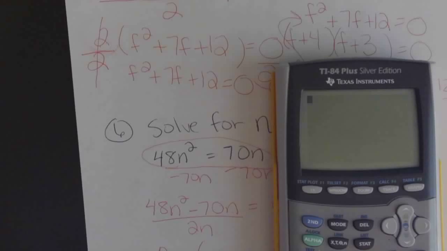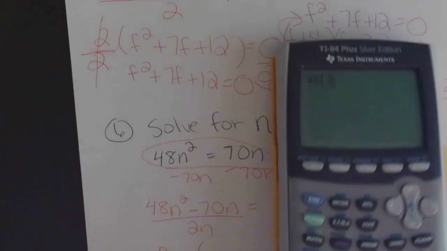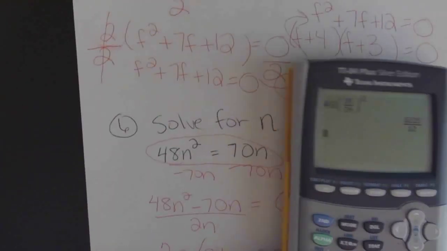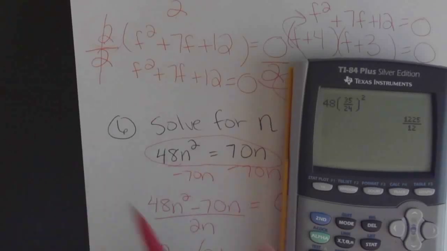If I go back to the original black problem here, let me type in 35 over 24 where these n's are. So the left side would be 48 times 35 over 24, close parentheses, and square it.